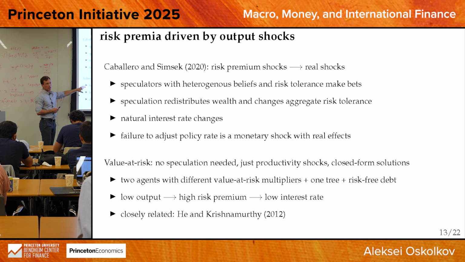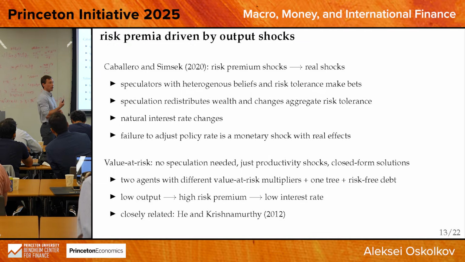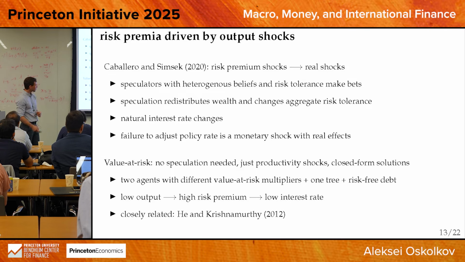Gammas are going to be fixed. They bet on the same Lucas tree that also gives them their aggregate consumption. Then when the Lucas tree pays off well, the guy who made a larger bet, the more risk-tolerant guy, becomes relatively richer. This pushes risk premia down. This pushes the interest rates up. This is going to be the end of the story. There's a very closely related paper that does pretty much the same thing.